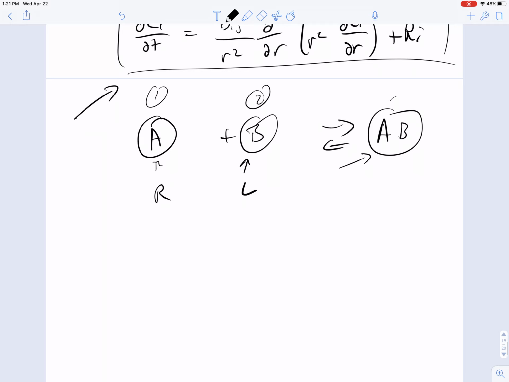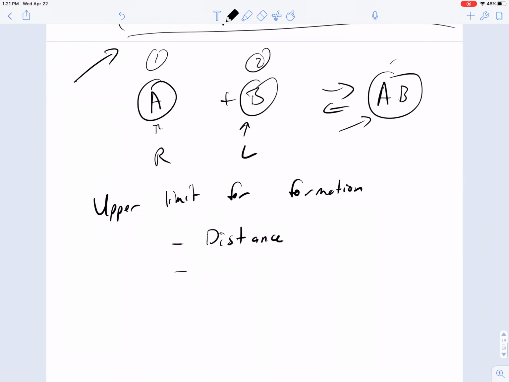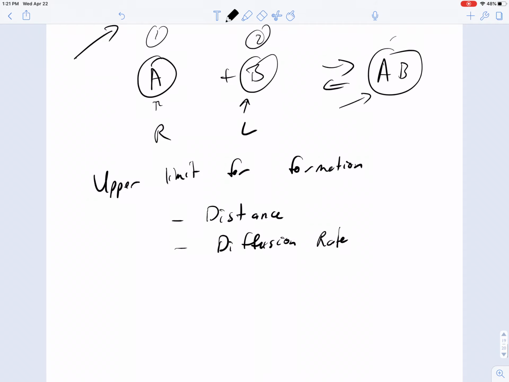So upper limit for formation of something requires a number of steps, and you can determine what some of these upper limits are based on the distance between the molecules and the diffusion rate of them, because you can't have a reaction take place faster than the molecules can find each other by diffusion.